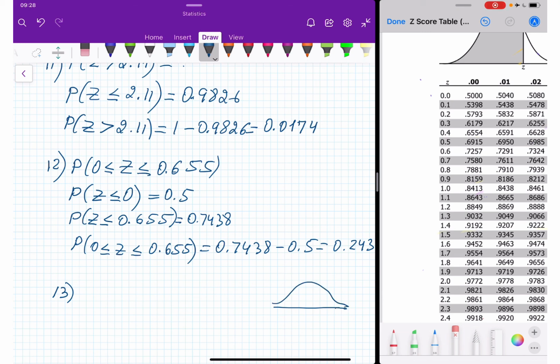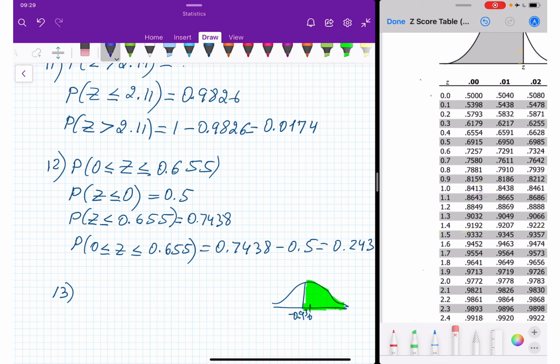So we have negative 0.93. This is 0. And shading to the right.